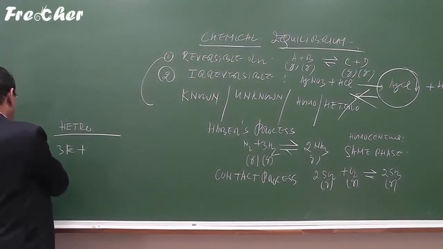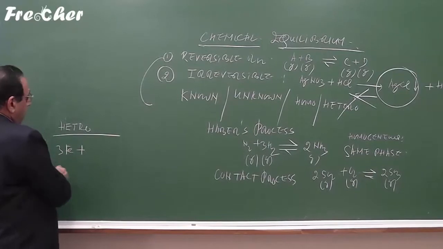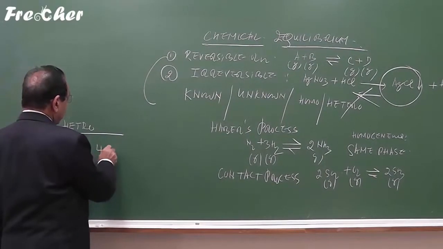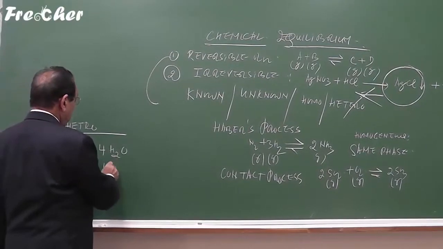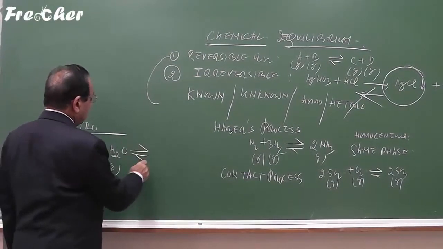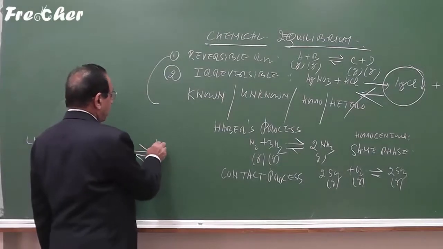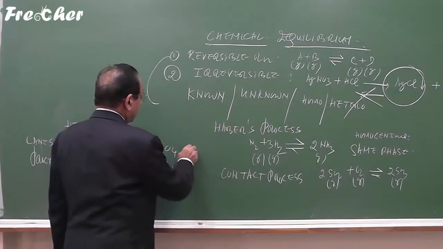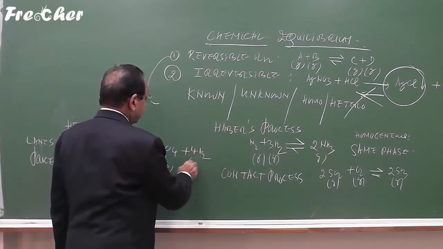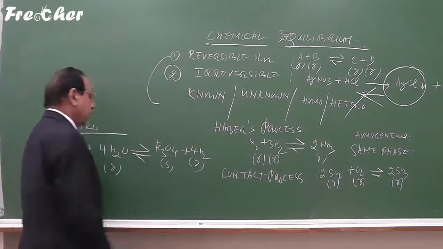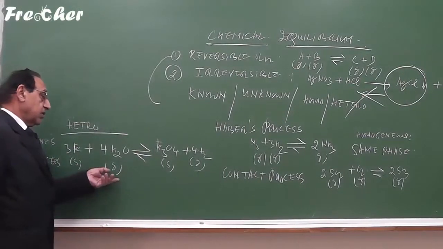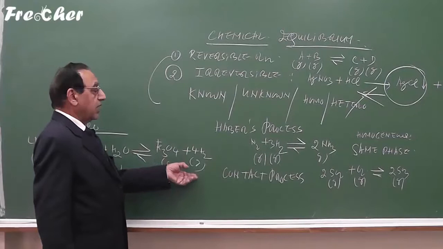Fe solid is acted on by steam, forming reversibly Fe3O4 solid plus 4H2 gas. Now here you can find out it is a solid, it is a gas, it is a solid, it is a gas, it is heterophase.